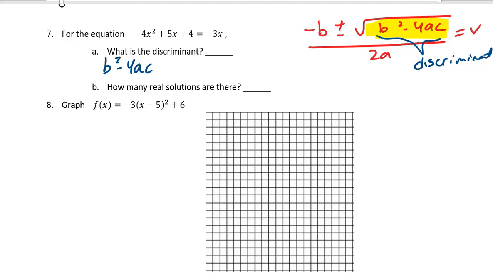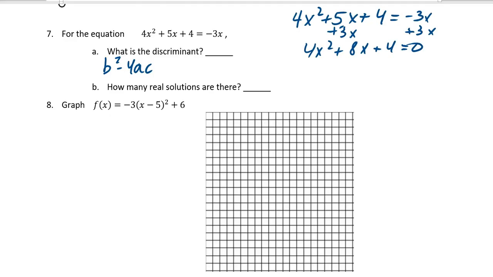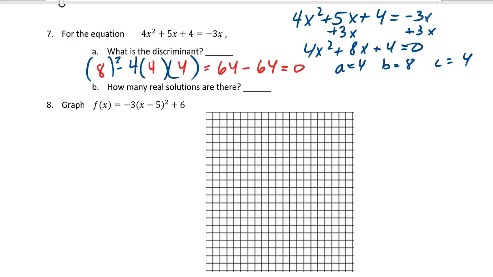We need to figure out what a, b, and c are, and the only way we can do that is by making our equation equal to 0. So I added 3x to both sides, and I can see that a is 4, b is 8, and c is 4. I can evaluate my expression now for those values, and I end up with 64 minus 64. My discriminant is 0.